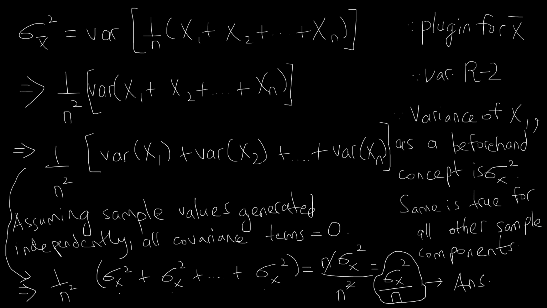Now, basically what we were trying to show is that the variance of the distribution of x bar is smaller than the variance of the distribution of x. So let me just continue on the next slide. Okay, so this is what we got as our answer. The variance of the distribution of x bar equals the variance of the distribution of x over n.